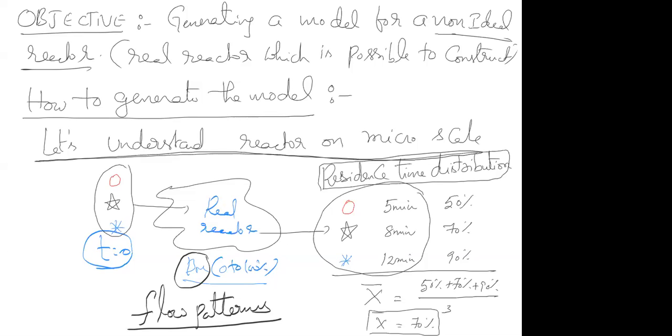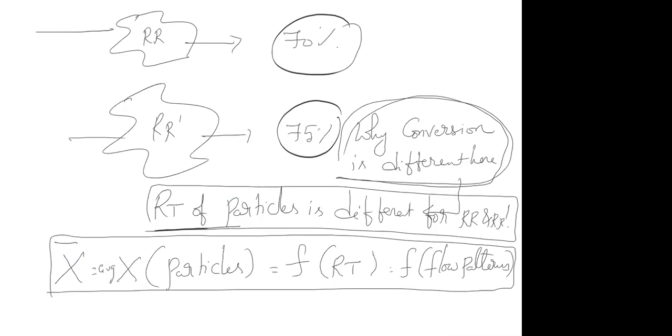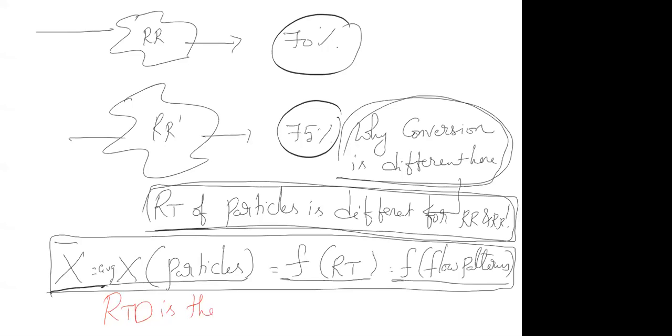Now if you take two different reactors having two different conversions, why are the conversions different? The answer is because the residence time of particles is different for both reactors. Because the conversion is a conversion of particles, which is a function of residence time, which is a function of flow patterns. So what you can say from this is RTD is the key for a reactor.